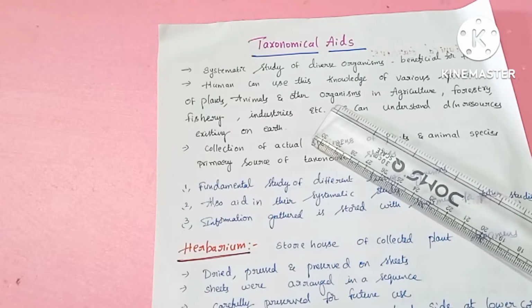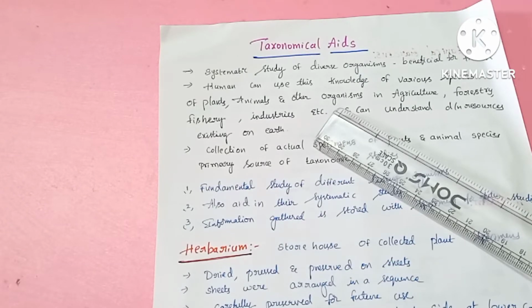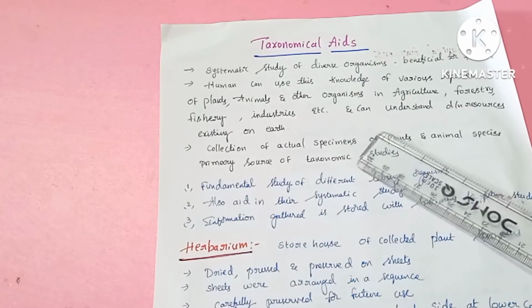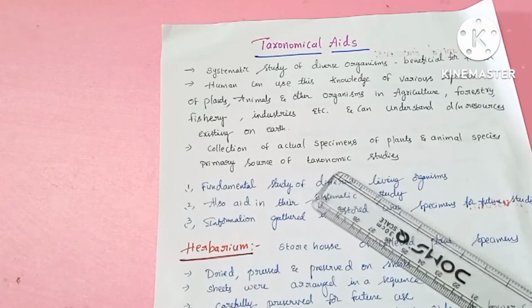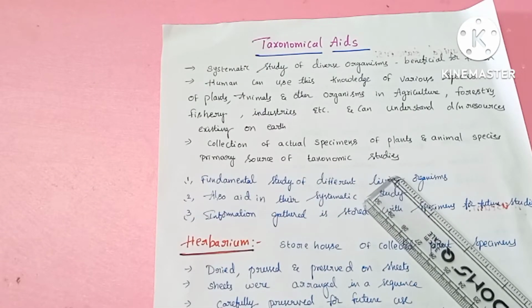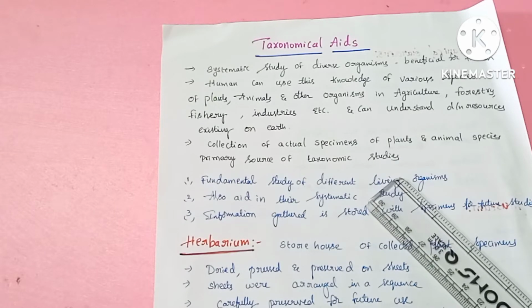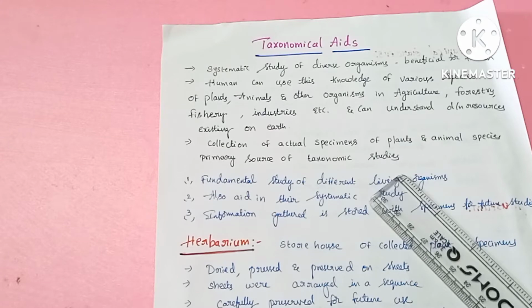That knowledge is beneficial for human beings. We can use that knowledge in various fields like agriculture, forestry, fishery and industries. And not only that, we are able to avail the various bioresources present on the earth.